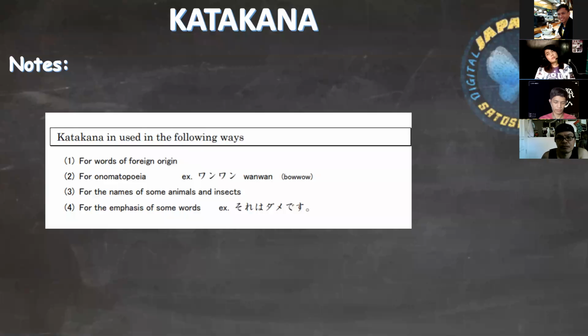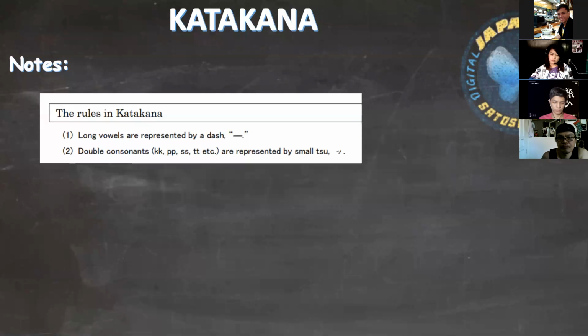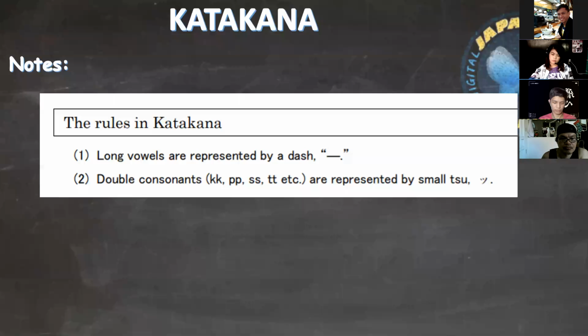Okay. Now, let's go with the rules of the katakana. We know now where to use them, but they have several sets or usages in order for us to use it. Okay. Chotto matte. Okay.